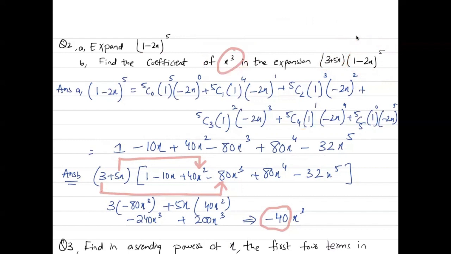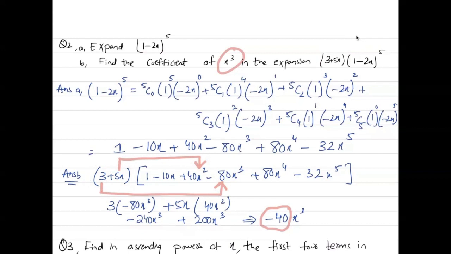So the process that I was trying to explain is that we don't need to multiply 3 with all the terms, because that's not going to be helpful. We just need to multiply 3 with the term in x cube to get the term in x cube. And we just need to multiply the term 5x with the term in x squared, because after multiplying, it's going to give you a term in x cube. So 3 times minus 80 plus 5x times 40x squared. These are the terms. When added, it comes out to be minus 40x cube.